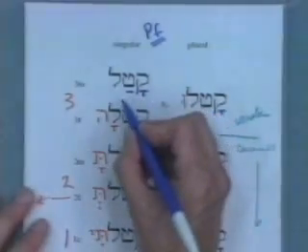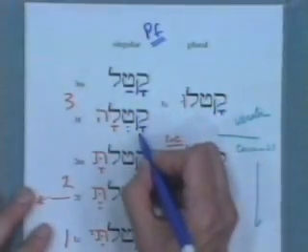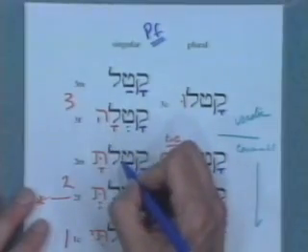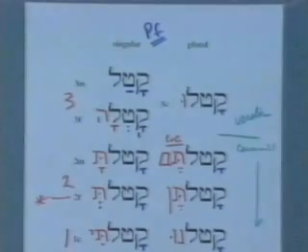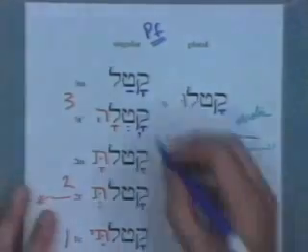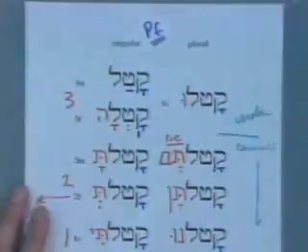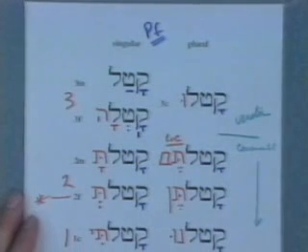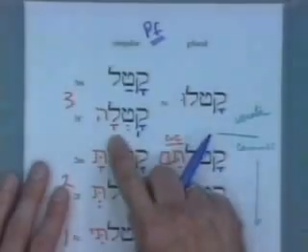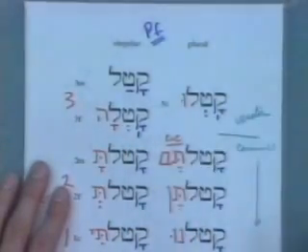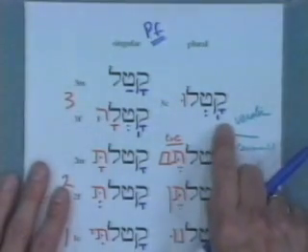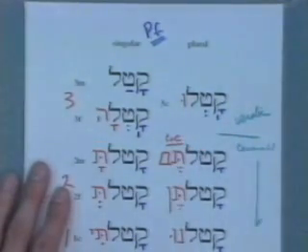So instead of katal, you now have katala. Katala. And the scribes usually put that little metheg there, that little line, to remind you that that's a long vowel and an open syllable. If that's what happens with this vocalic suffix, it's also what happens to this vocalic suffix, and you get katalu.